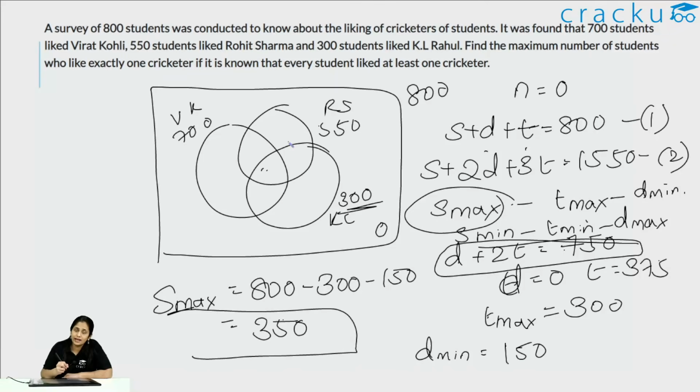So always draw the actual diagram so that you have your eye on what values T can take and what values T cannot take. Again, T cannot be a fraction, so T cannot be something like 0.5. So if this was an odd number, by default D would have to be an odd number, so that 2 times T would be an even number. So always remember all of these aspects while you are solving questions of this type.